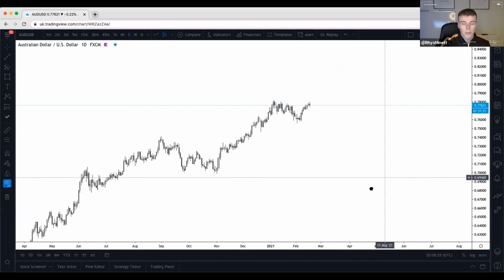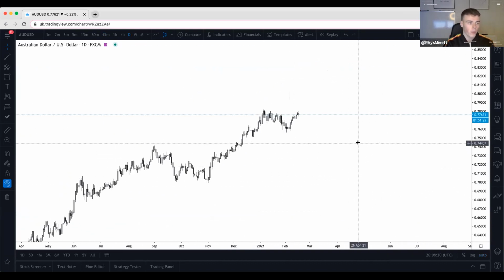With a market like this, when it comes to the higher time frames, you've got to understand the daily time frame, the weekly time frame, even the monthly time frame, this is all going up. This is the most important thing to understand: what your higher time frames are doing. Once you understand that, this is when you can start breaking the lower time frames down, looking to capitalize on these higher time frame entries.